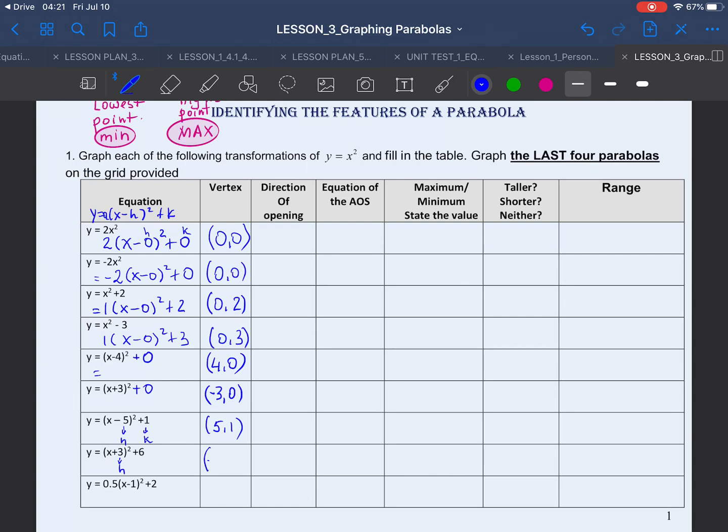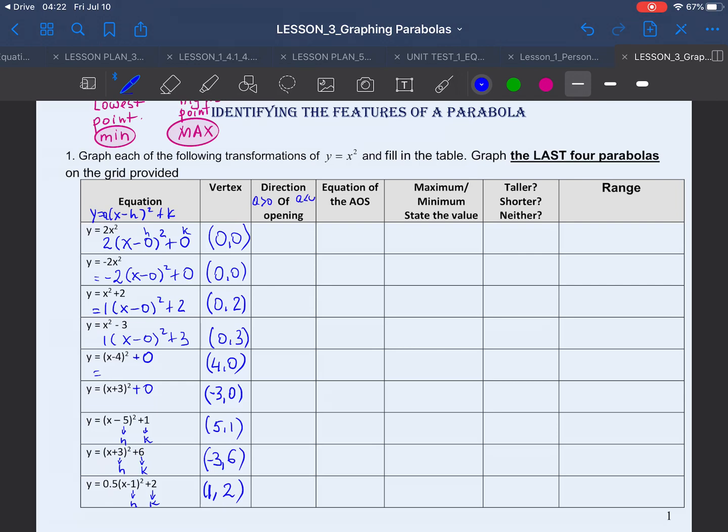In this case here, remember you have a plus, h is negative 3, k is 6. In this case, h is positive 1, and k is positive 2, right?